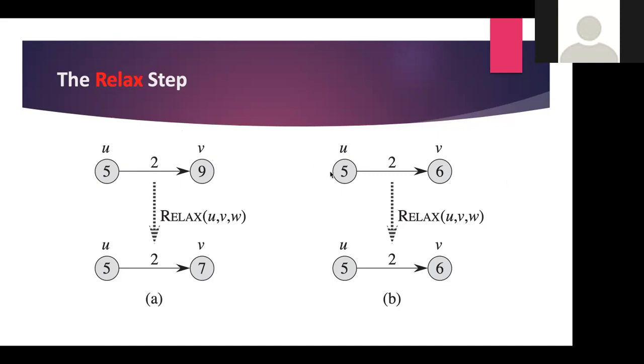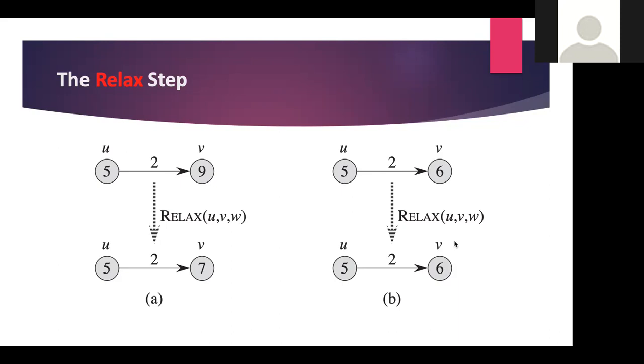Another example of the relax is, let's say that your information says that the length of the shortest path from the source to this vertex is 5, and the length to this vertex is 6. And let's say that you suddenly saw this edge going from U to V of length 2. When you do the relaxation, it is not going to change the length of the shortest path to V, because 5 plus 2 is 7, which is not a better path.